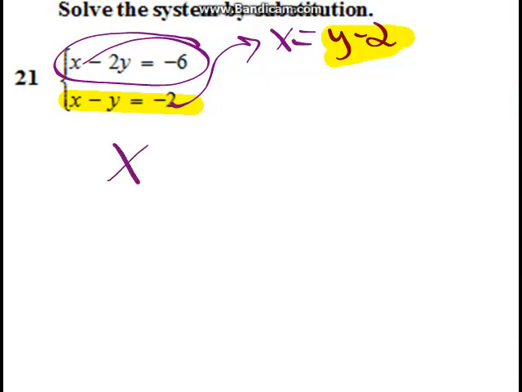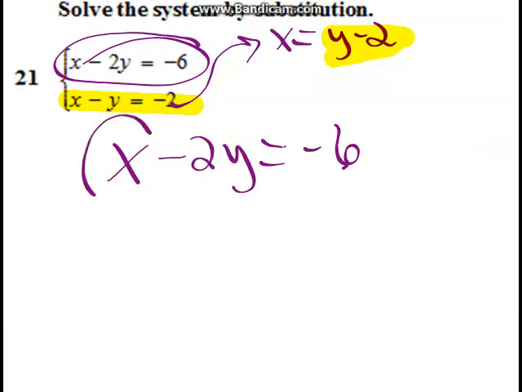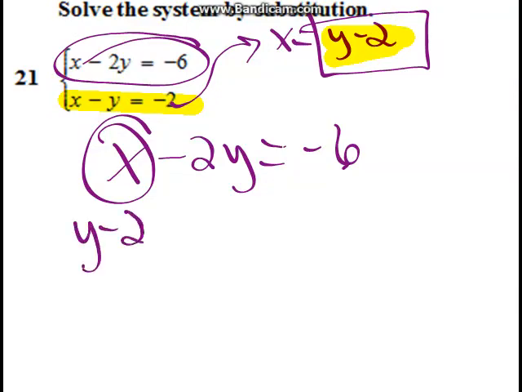So start by writing the equation x minus 2y equals -6. And everywhere we see an x, we're going to replace it with our y minus 2. So let's do that. So it's going to be y minus 2 minus 2y equals -6.